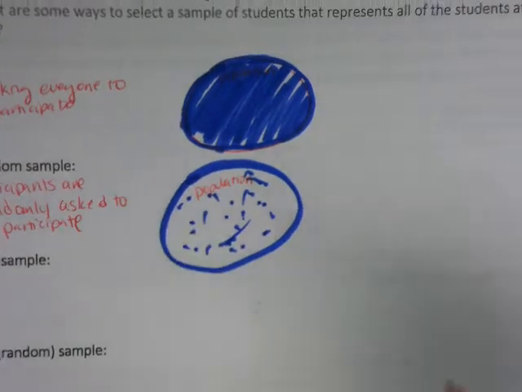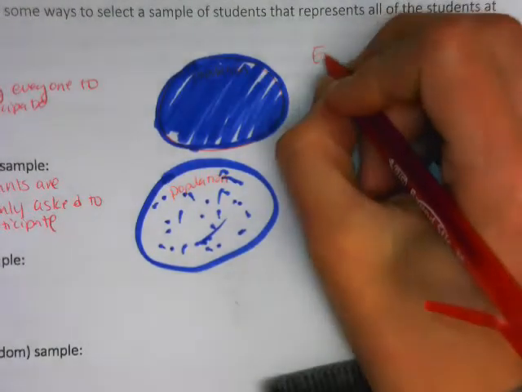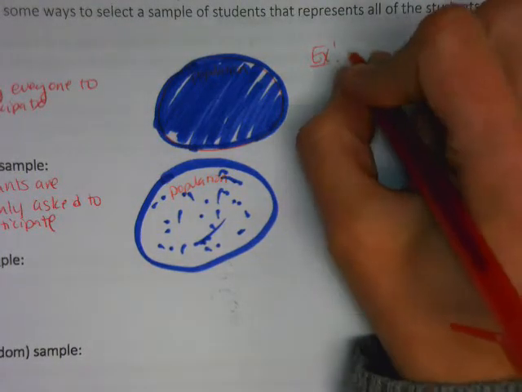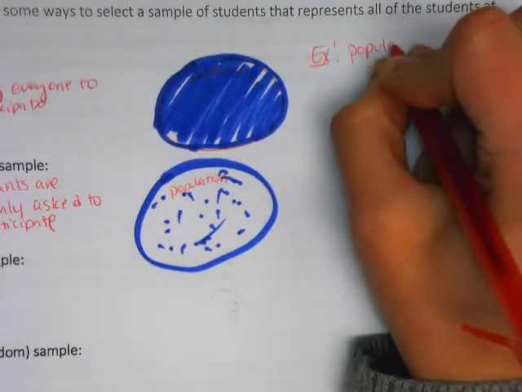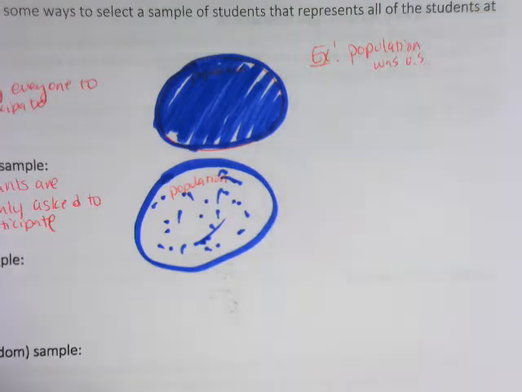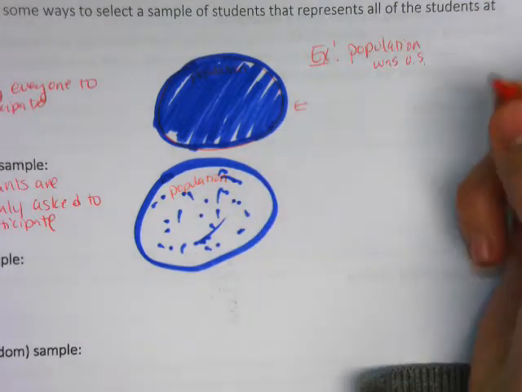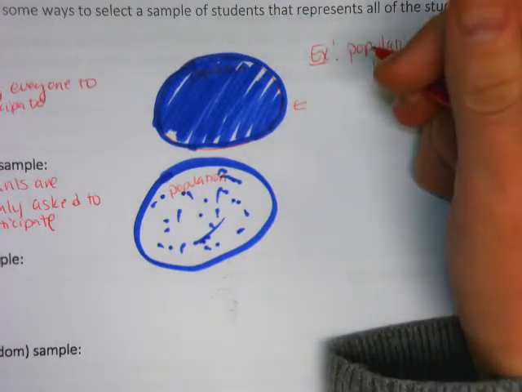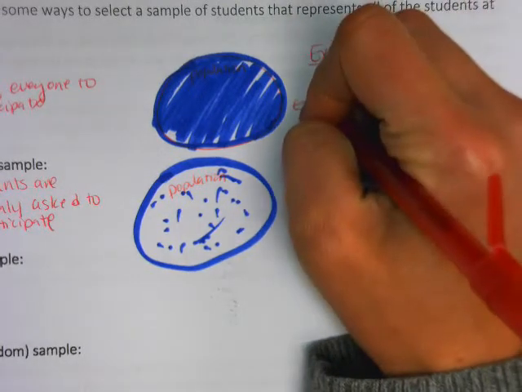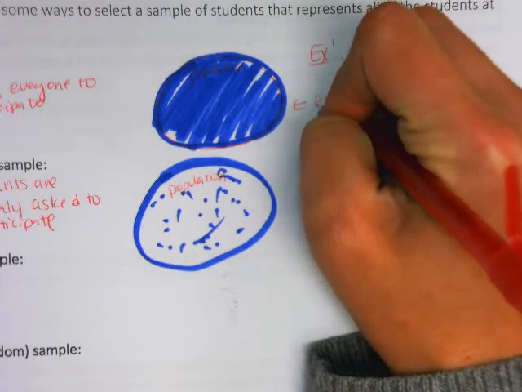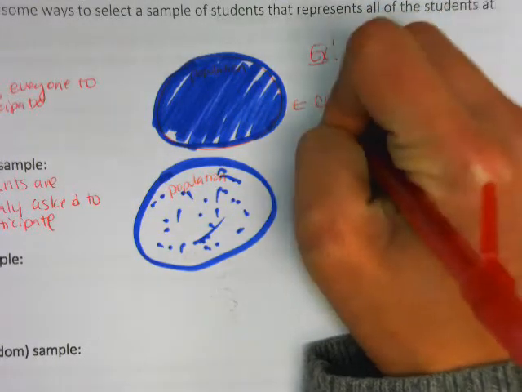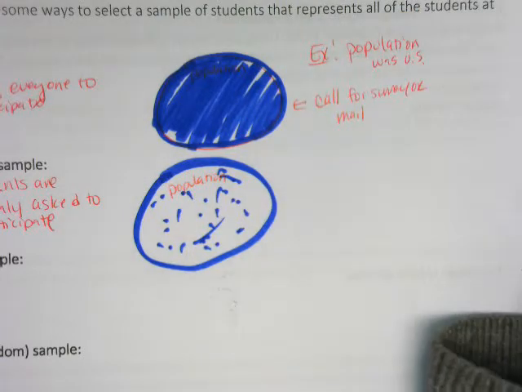So some examples are, for instance, if for some reason we wanted to poll the entire United States, so if the population was US, then what we would do is get a list of everyone who has a phone number, and do either call for survey or mail for survey.